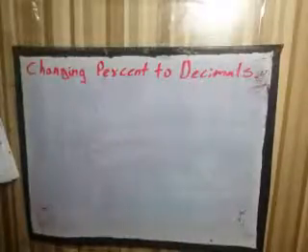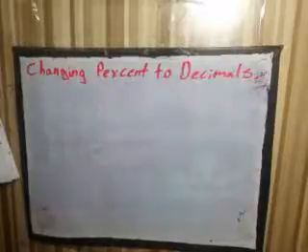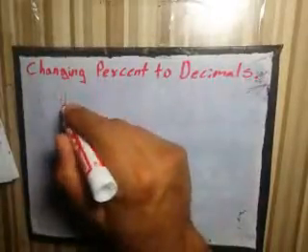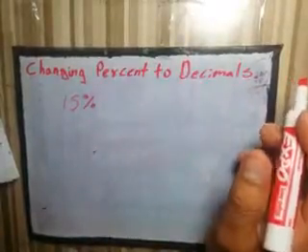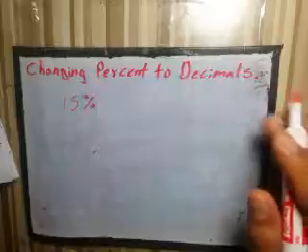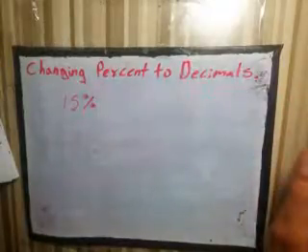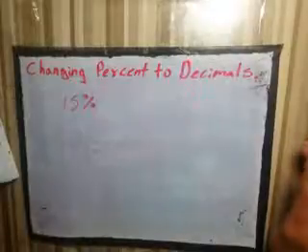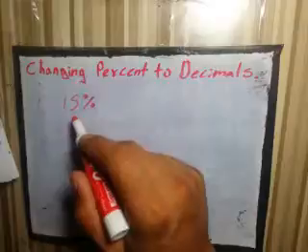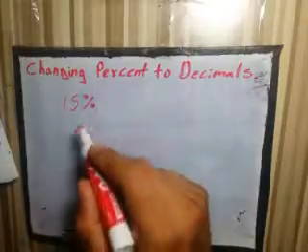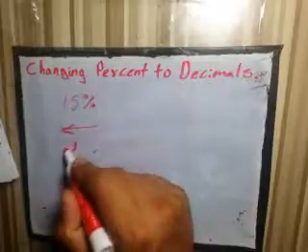So, for example, let's say they want you to change 50% to a decimal. What you have to memorize and remember is that percent to decimal always moves two places.